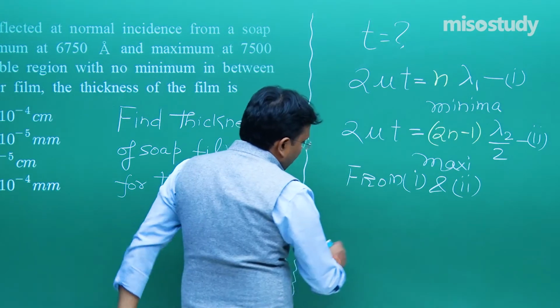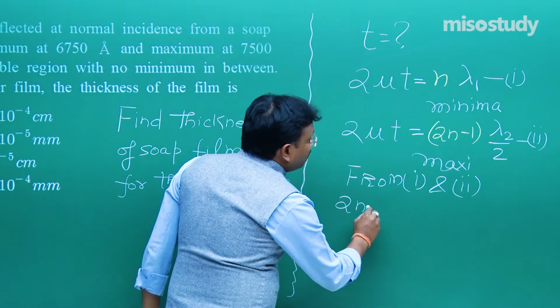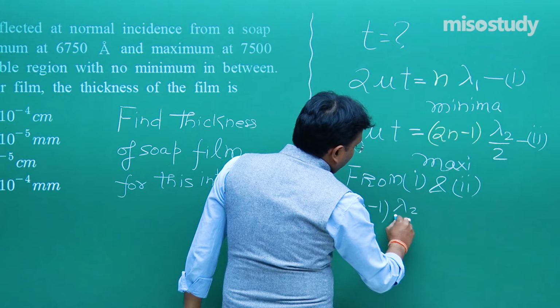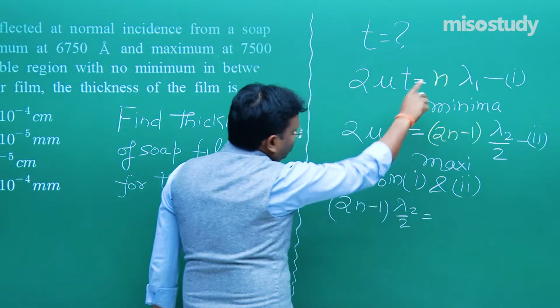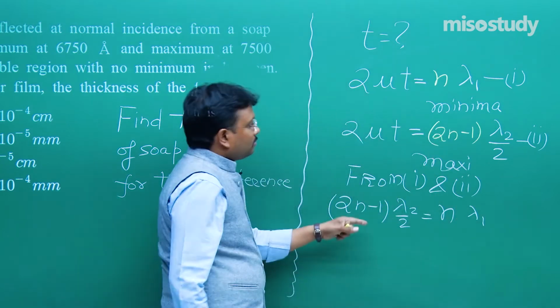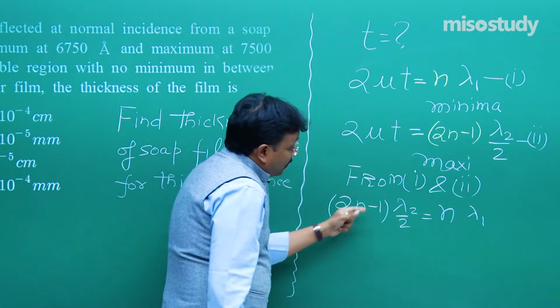Simple. So let me write that down. That is, 2n minus 1 lambda 2 by 2 is equal to n lambda 1, because the left hand sides of both these equations are equal.